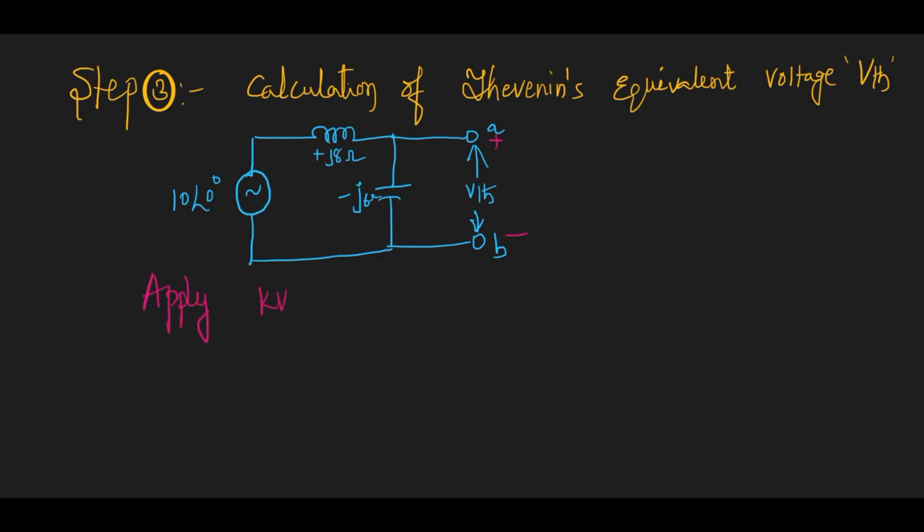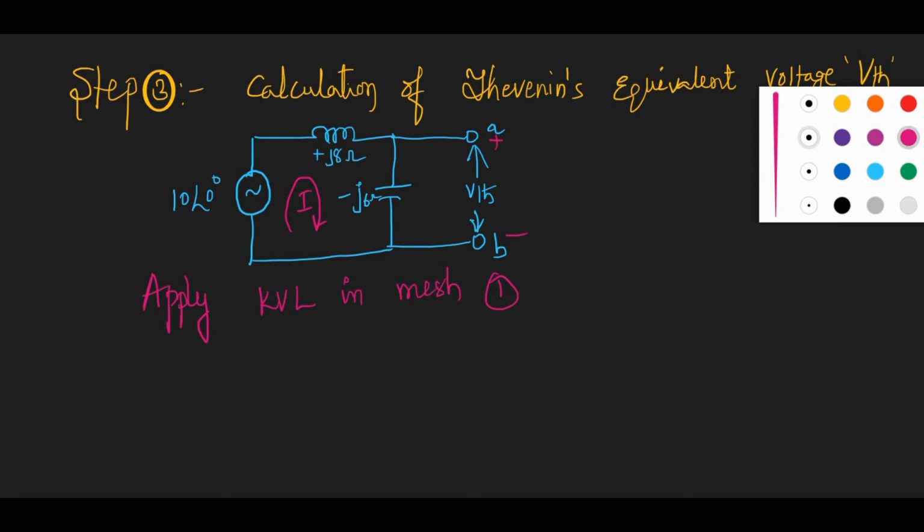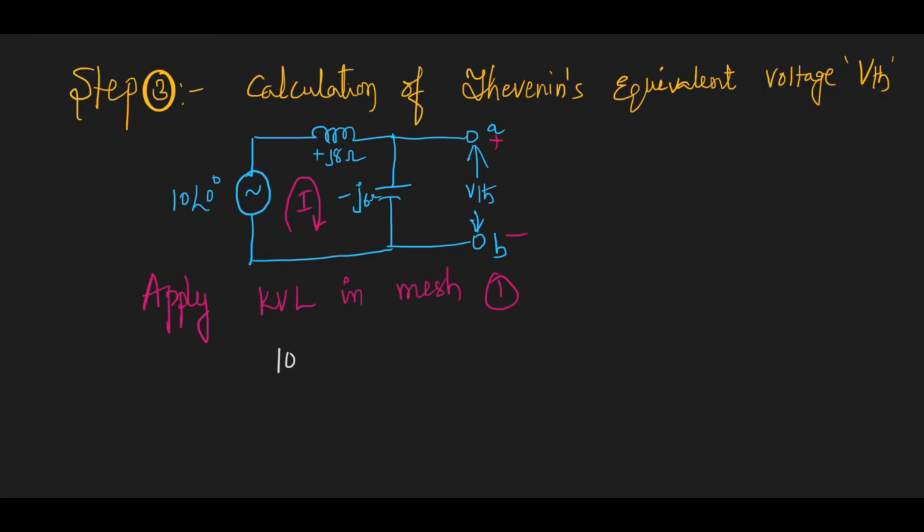So apply KVL in mesh 1. In mesh 1 the current will be I. Therefore, applying the KVL, the equation will be minus 10 at an angle 0 plus j8 into I minus j6 I is equal to 0.